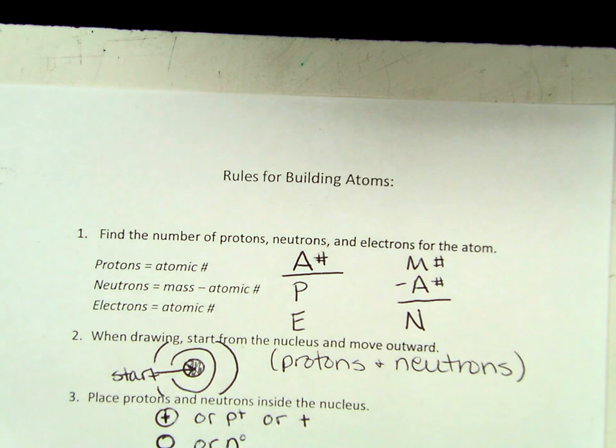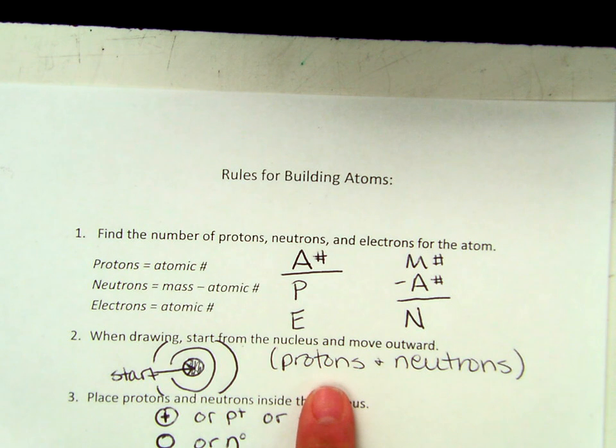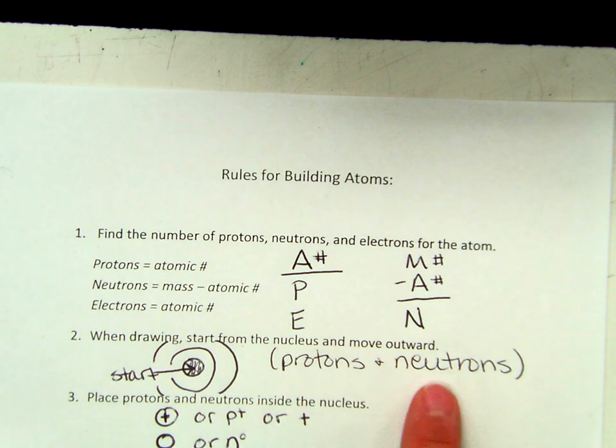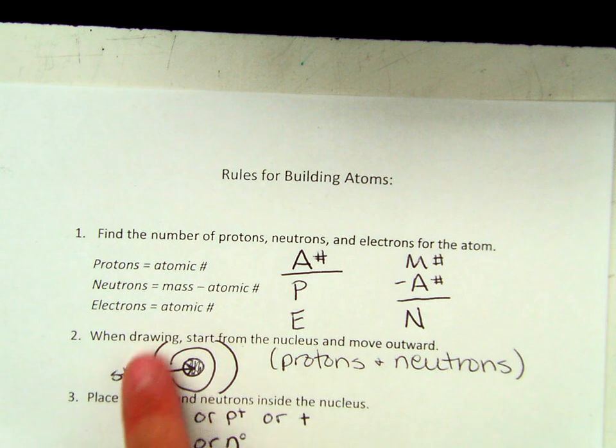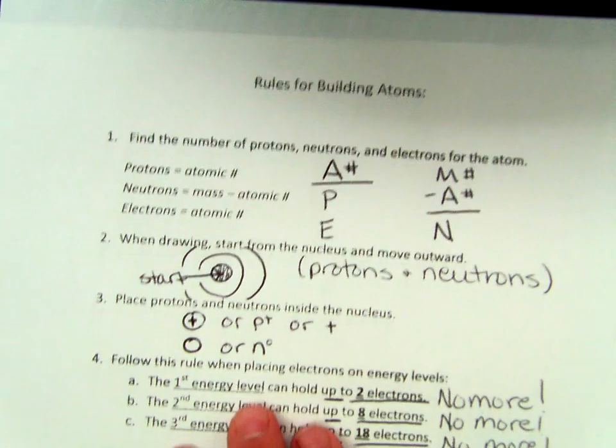Okay, that's step one. Step two, when you start drawing an atom, you always start in the center, which is called our nucleus. Our nucleus contains two things, protons and neutrons. When we're drawing them in our nucleus, we can write or draw it several ways.